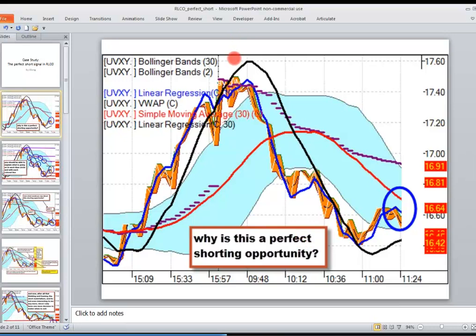So kind of attractive. So what we have now is we're looking at a 3-minute chart with price being indicated by the 2-period Bollinger Band in the orange. You can see the dotted line is the mean, and then the little white line is price. We have the usual 30-period regression line as the black line. A 10-period regression line is the blue line.